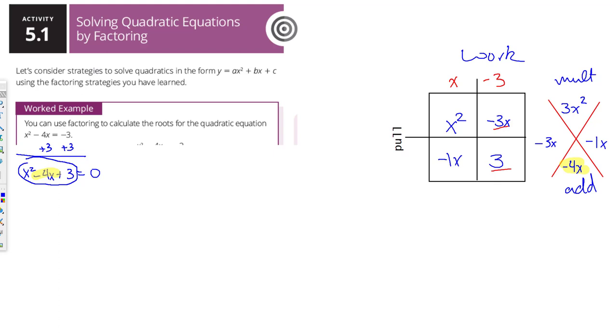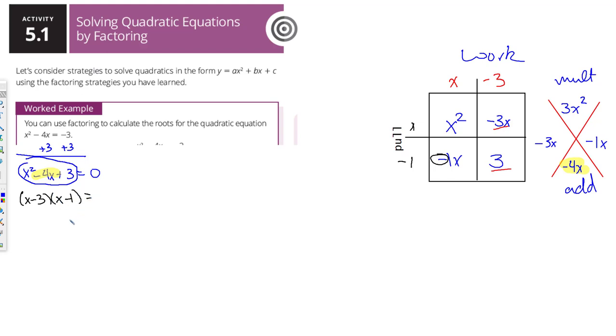And so when we factor out the first row, we see that you have an x that can come out of the first row. And on the next one, a 1 can divide into both of those. And so it's a 1, not 1x, 1. And what is my sign of my closest? So I have a negative here. So when I factor it, it's going to be x minus 3, x minus 1.